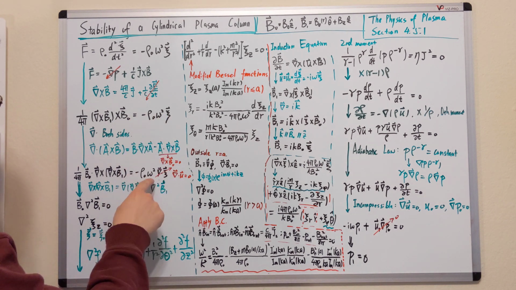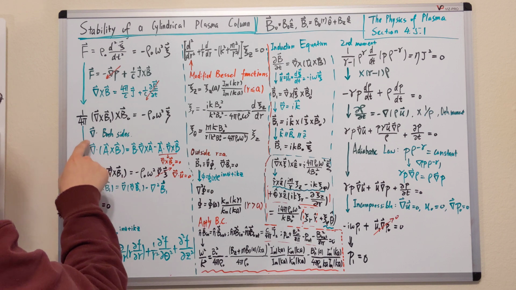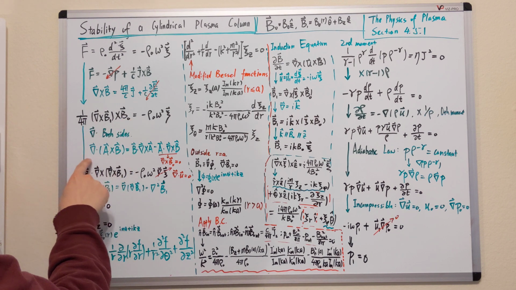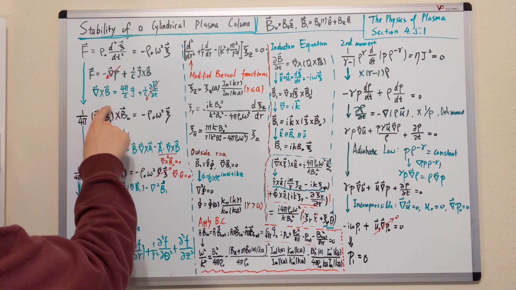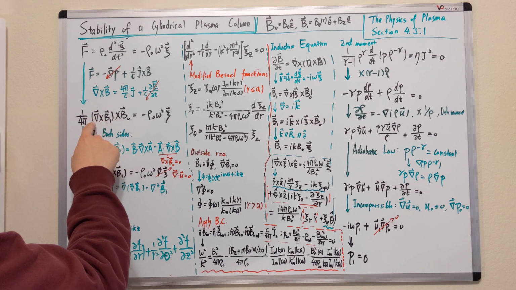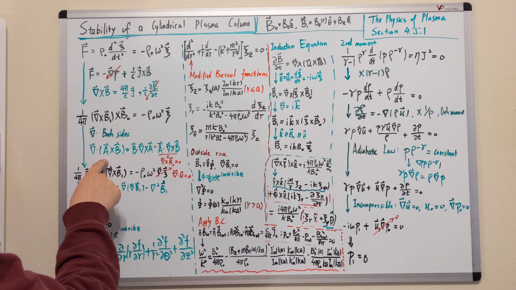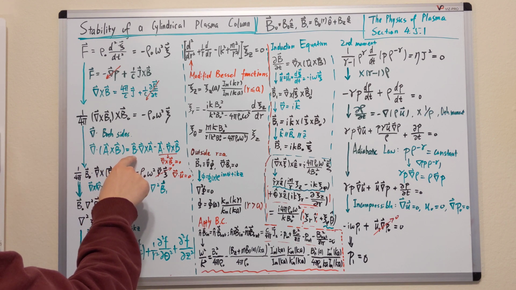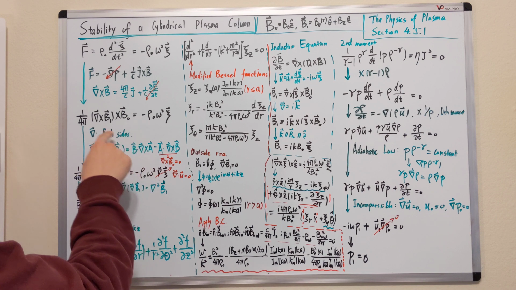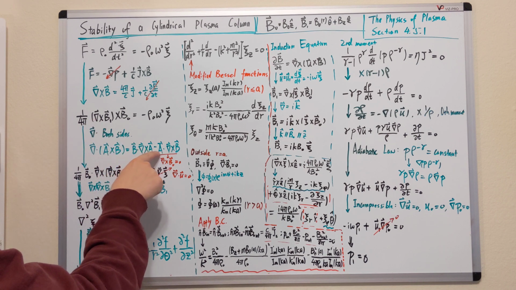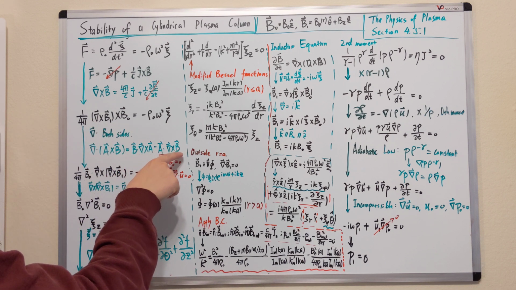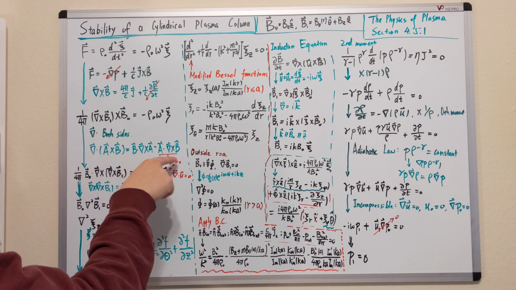Then the right hand side becomes this. For the left hand side, we utilize this identity. We can assume one of the vectors, say this vector is a. Then we can write in terms of that: b grad b1 minus grad b1 dot grad b, grad b1 and grad b naught.